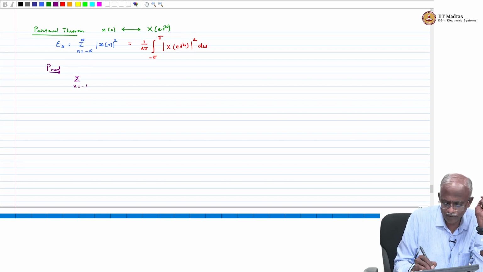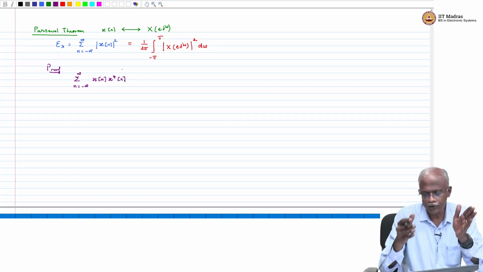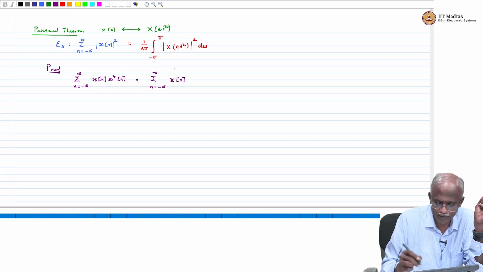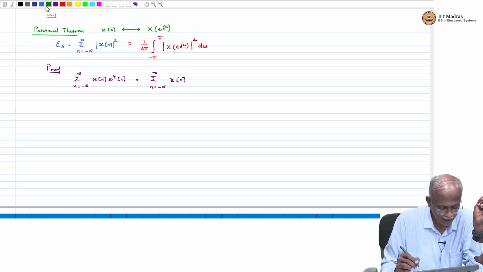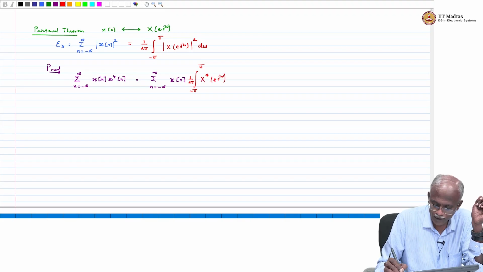On the left hand side we have summation n equal to minus infinity to infinity x of n times x conjugate of n; magnitude squared can be written as x of n times x conjugate of n. Now, we write down the expression for x conjugate of n, so we get summation n equal to minus infinity to infinity x of n times 1 over 2π, integral from minus π to π, X conjugate e of j omega, e power minus j omega n, d omega.